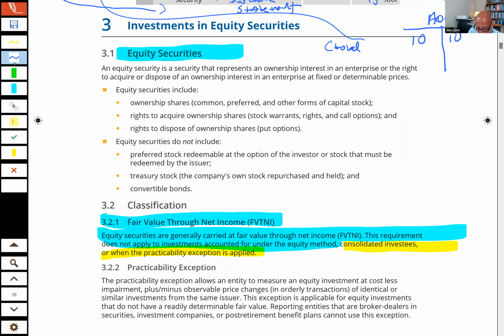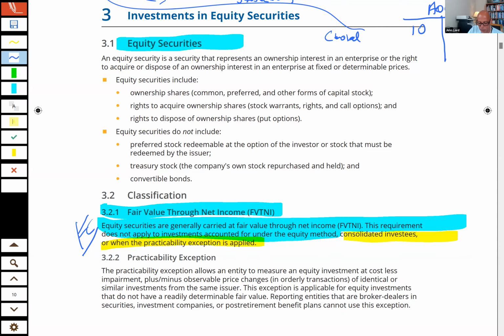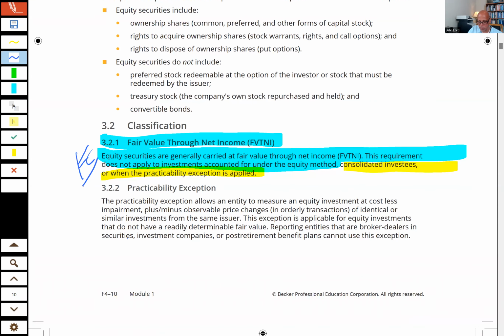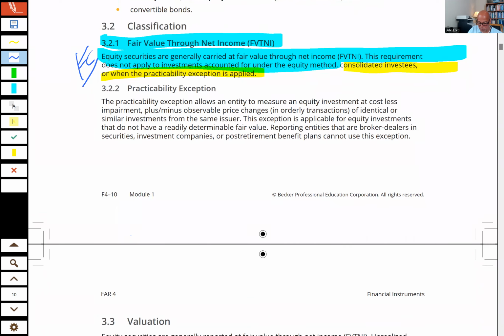Okay, good. Now let's go ahead and flashcard that you use fair value through net income, because let's face it, nobody wakes up in the morning and says, oh, let's use the fair value through net income method. It's kind of a funky, wordy name. So make sure you know that that's what they're talking about when they give you that kind of FASB speak.